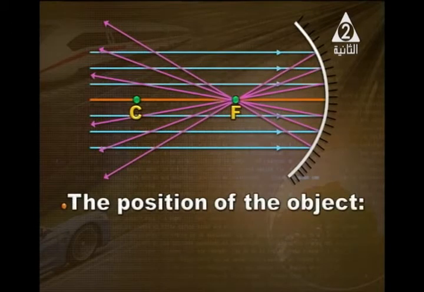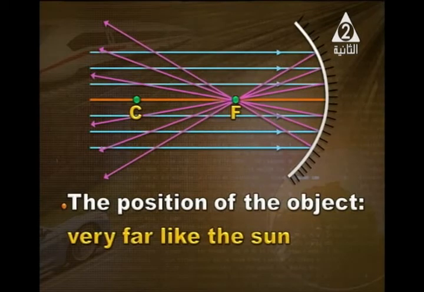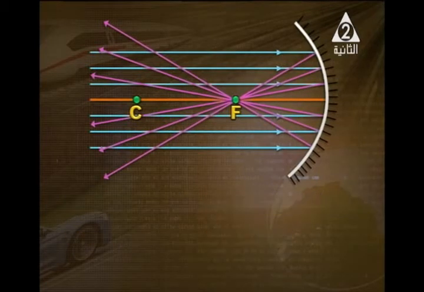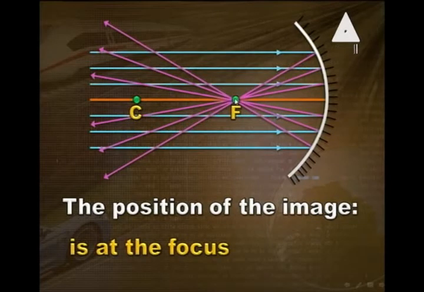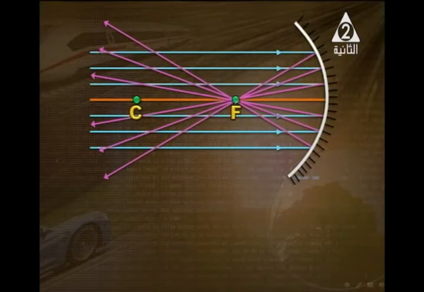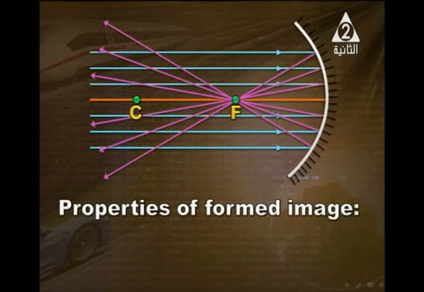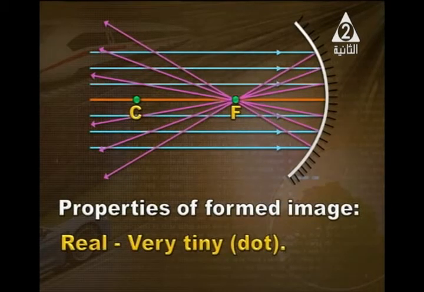The position of the object is very far, like the sun. The image is formed on the focus. What are the properties of the image formed? Real and very tiny.